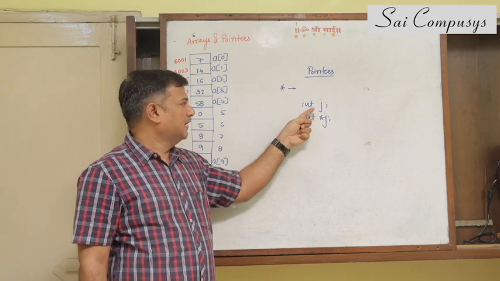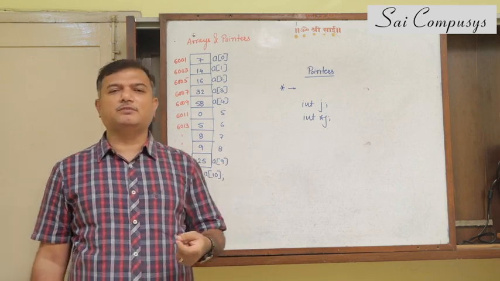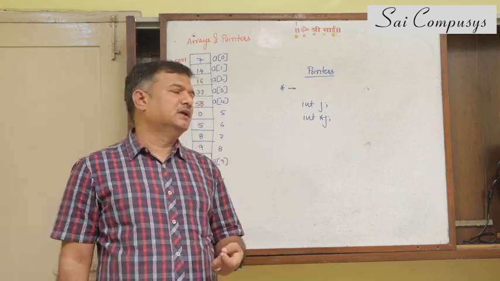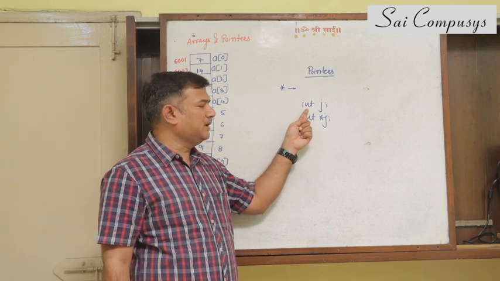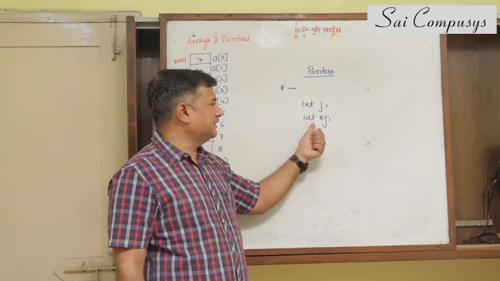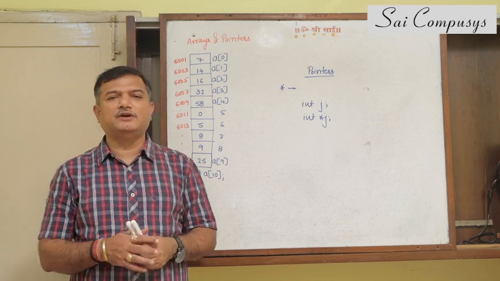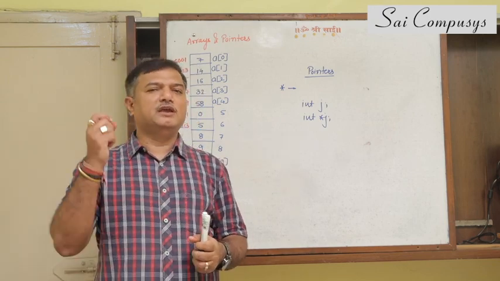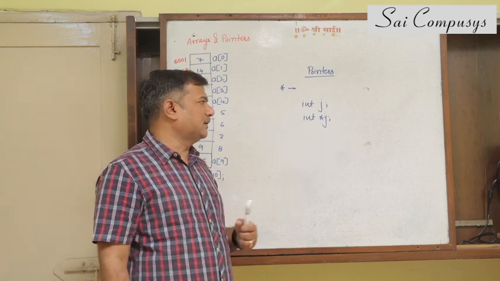The difference is an integer variable stores a value, whereas a pointer variable stores an address. So if you wish to store an integer value, you will declare it as int j, and if you wish to store an integer address, then you should declare it as int star j. If it's the address of a float variable, then we'll define it as float star j. If it's the address of a character variable, then we'll define it as char star j.